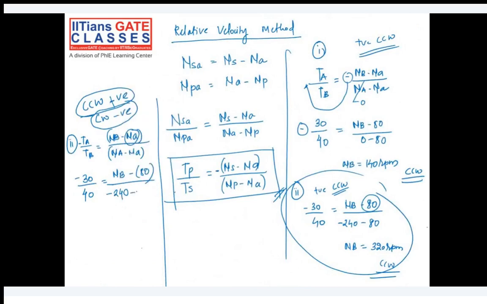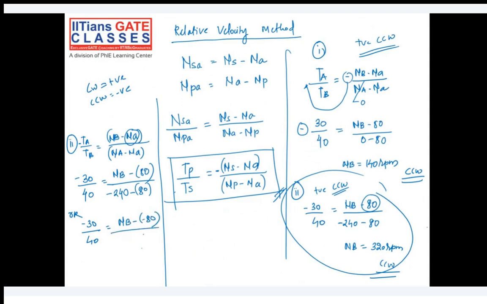So either you can write in this way, or let's say if you are assuming clockwise is positive and counterclockwise is negative, then minus 30 by 40 has to be equal to NB minus of minus 80 divided by 240 times minus of minus 80. Okay, so minus minus will become plus, this minus minus will become plus. So this is what you will get, but ultimately you will see that you will get the same answer.